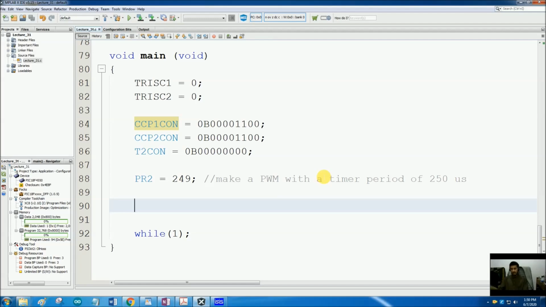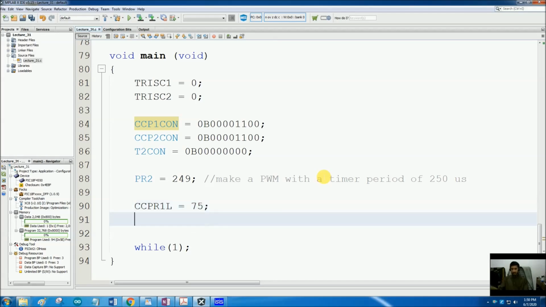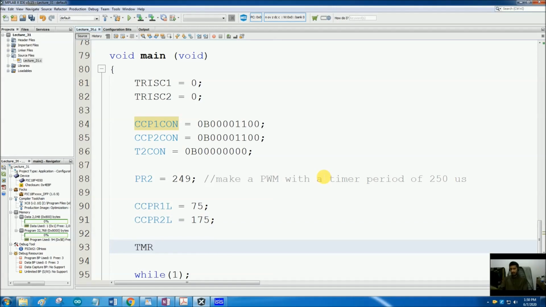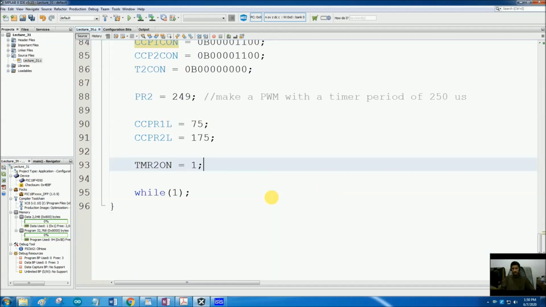So I will load CCPR1L is equal to 75 and CCPR2L is equal to 175, and then TMR2ON is equal to 1. Just turn on the timer and wait.